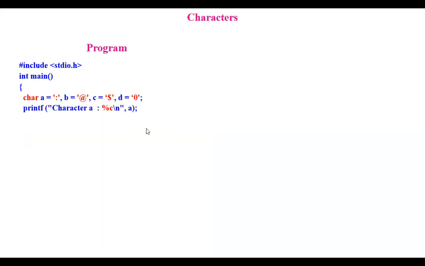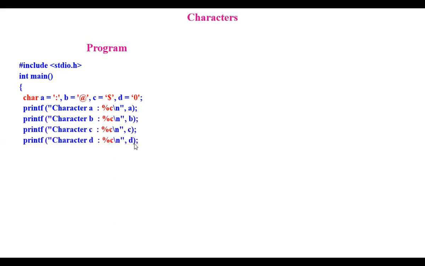Let us see another program, where I have taken 4 characters. Character A is declared as a colon, B is the @ symbol, C is $, and D is 0. Let us see how they are displayed. For any character, whatever it is, %c is used to display it. Here I want the value of A, and similarly B, C and D. All 4 characters are to be displayed.